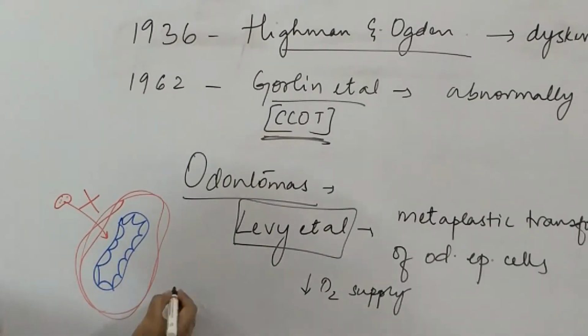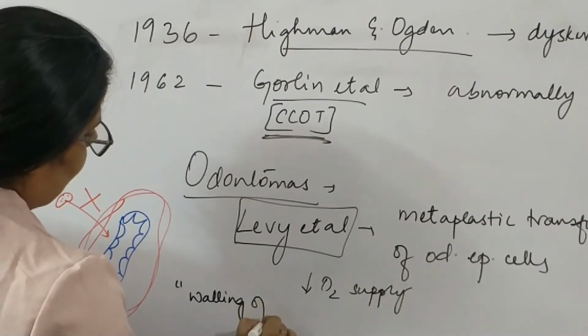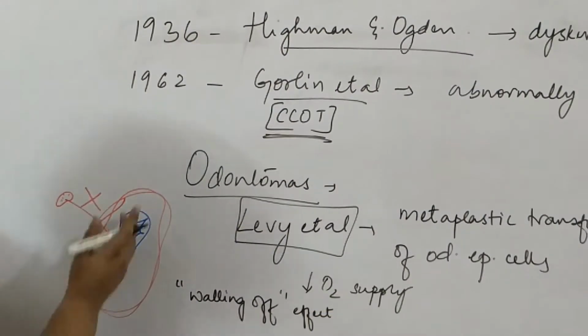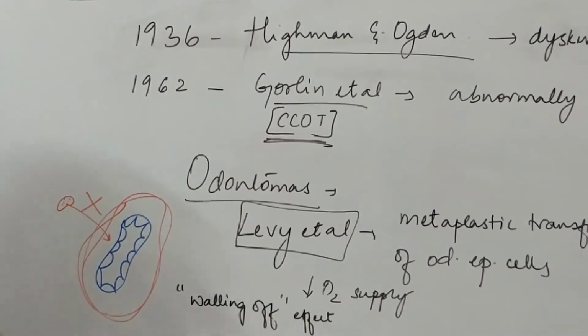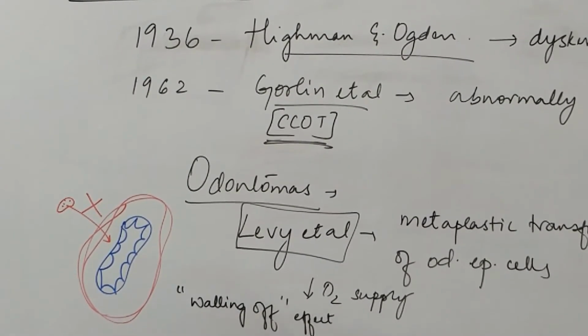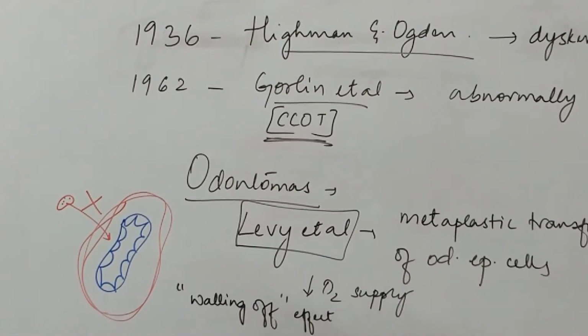It was called the walling off effect, because the hard tissue has kind of formed a wall around the odontogenic epithelium and is separating it from its nutrition or the blood supply that is supposed to come from the adjacent connective tissue.